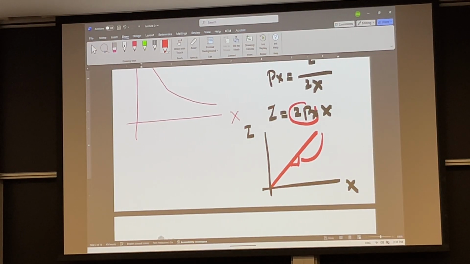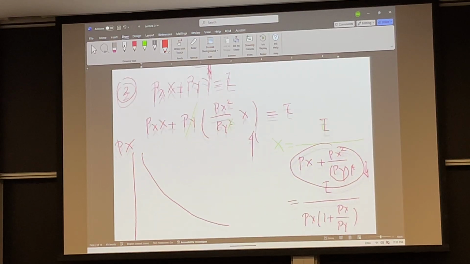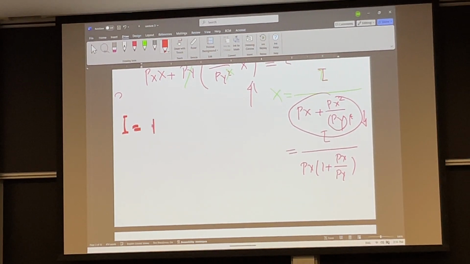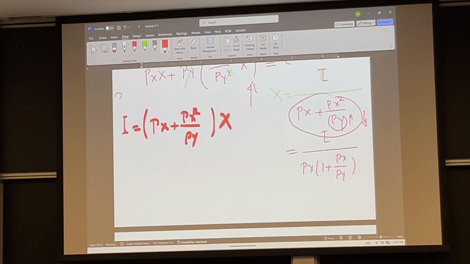That is Cobb-Douglas. What about here? Do you see the income consumption curve for the CES? That's the curve.